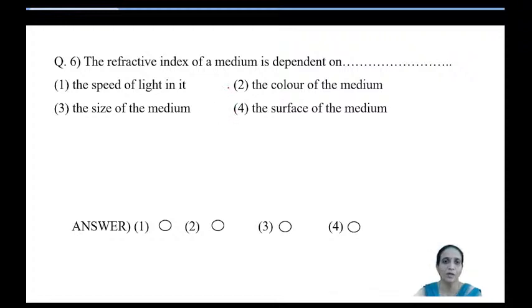You will see over here the refractive index of the medium does not depend upon the color of the medium. Got it? It does not depend upon the surface of the medium also. It does not depend upon the size also. So it depends upon the speed of light in that medium. So your correct answer is the first option.